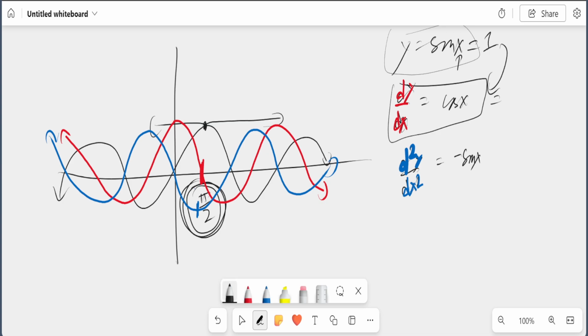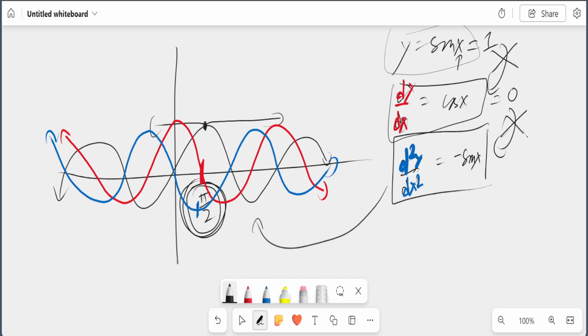At that point, it is, like, 0? But we don't care about that. That's not what we're plugging in. These are still all functions of x on this coordinate plane. So we're plugging in the x value that we want all this information for. Does that make sense? We aren't doing this. I should put x's on this. We are not doing that. We are using x equals pi over 2 for all of these.